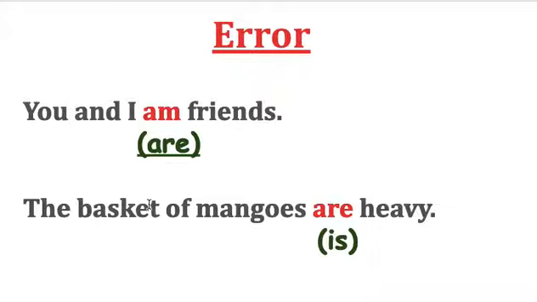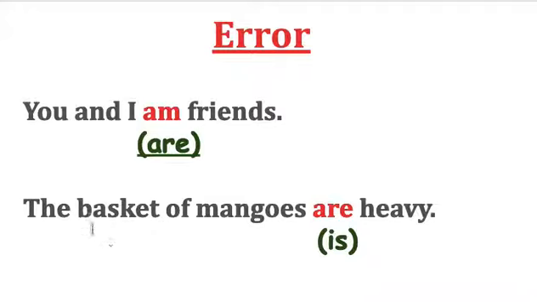How about this one? The basket of mangoes. It says mangoes, so for that reason I say are heavy. No. For that situation, what do we do? Because we are talking about the basket, and basket is singular.